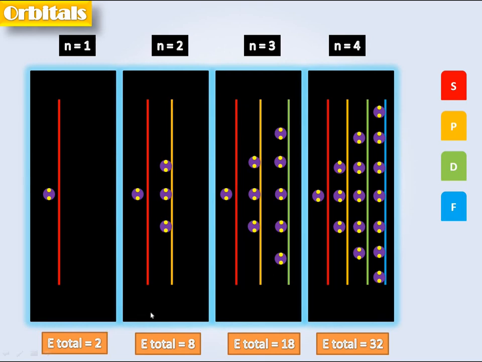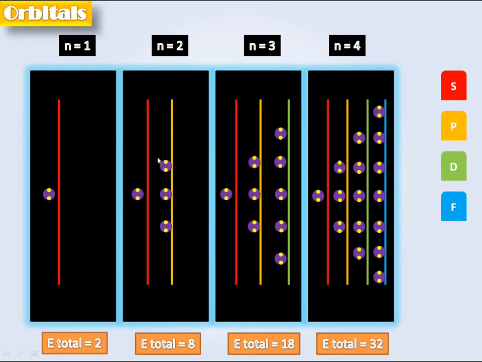This is where we find out why that's the case. The electron total is the amount of electrons if you add everything up within the orbitals, within the sublevels, within the specific energy levels. We come up with a total of 2 if n is equal to 1, because the electrons inside the orbital all add up to 2.